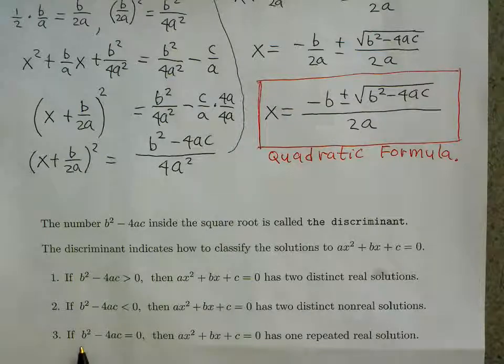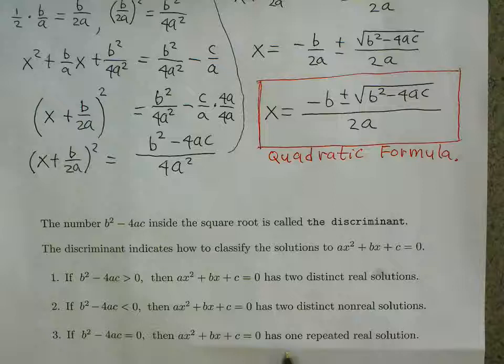So if the discriminant is 0, what kind of trinomial are we dealing with? So you know the answer.